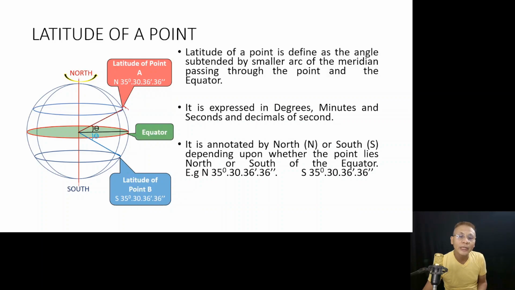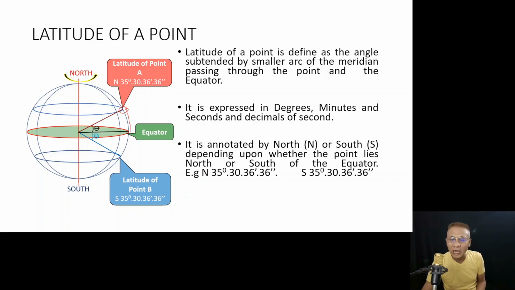This is the point alpha here, and this is the meridian which passes through point alpha. Now I can take the smaller arc of this meridian from here to the equator. This particular arc, from the equator up to this point, will subtend an angle theta at the center of the earth or the center of the curvature, depending upon the definition.